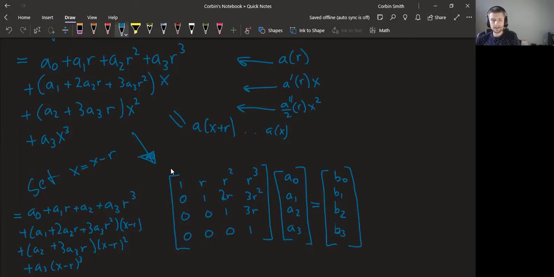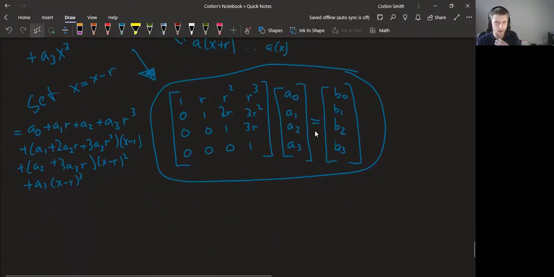Did both of you follow along with that? All right, so now I want to find the inverse of this matrix.